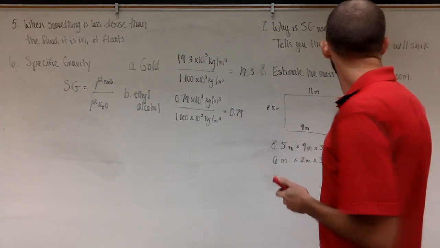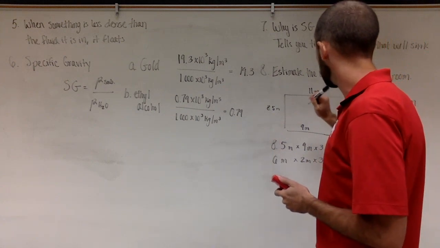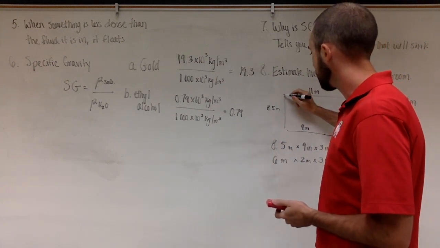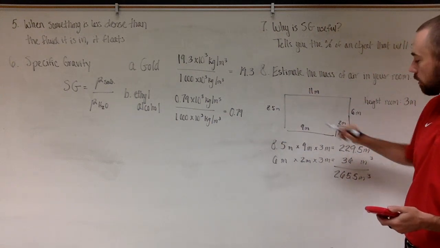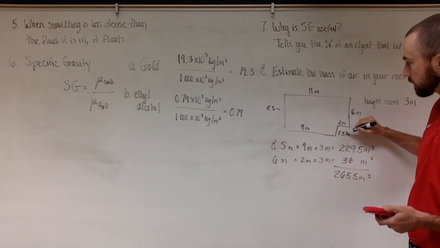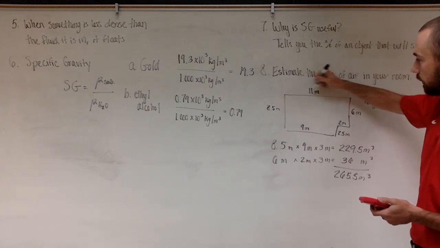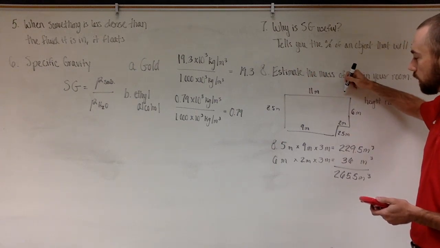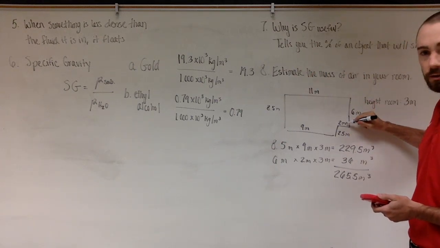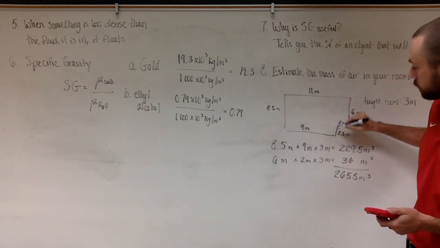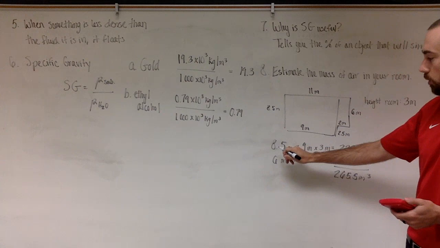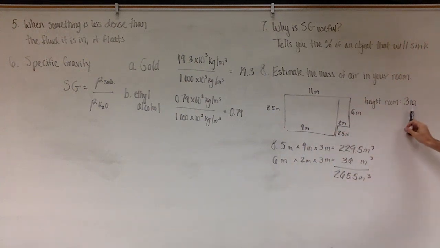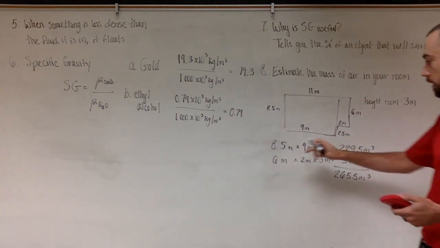All right, so the way we did this here was I determined that the room was approximately 8.5 meters. This is the general shape of the room. 8.5 meters the long way, and we got about a 2.5 meter section taken out here. And we have an 11 meter room this way, and we have about a 2 meter section taken out. So what I did was divide it into 2 rectangles and multiplied them together, knowing that the room is approximately 3 meters tall.